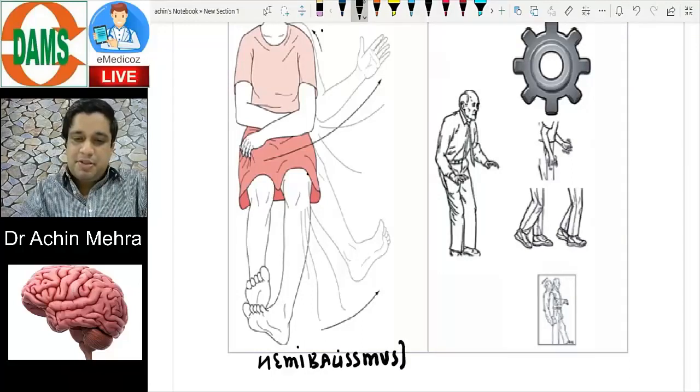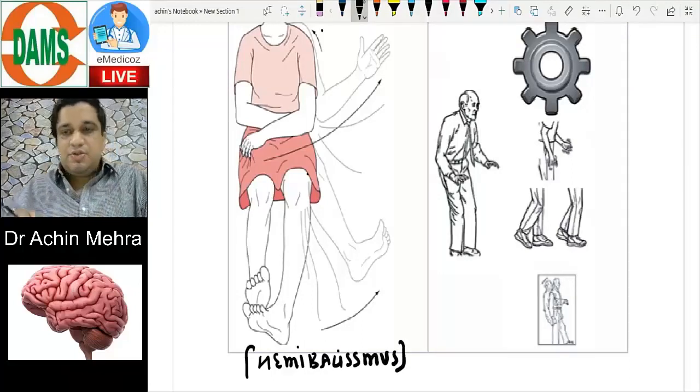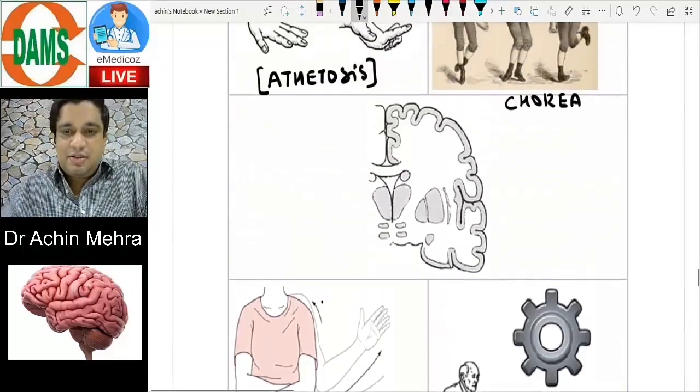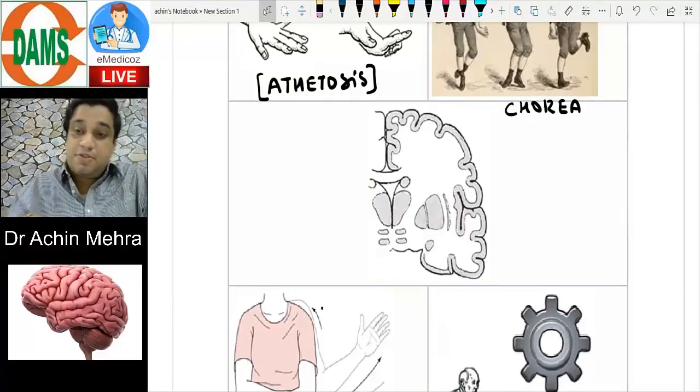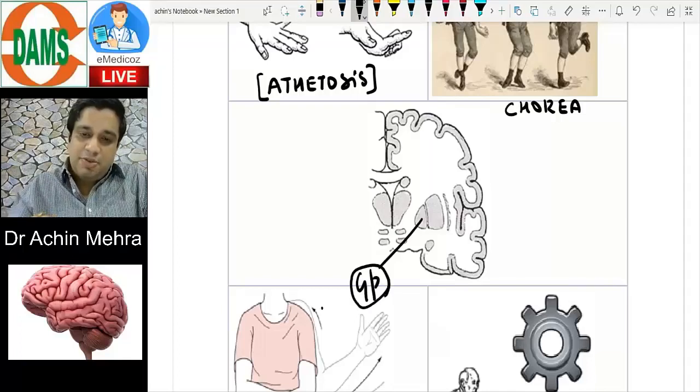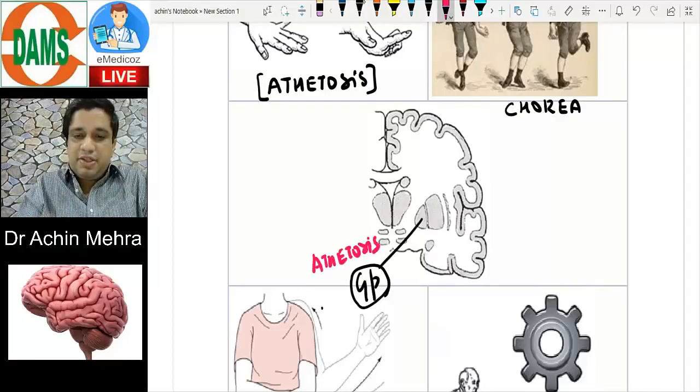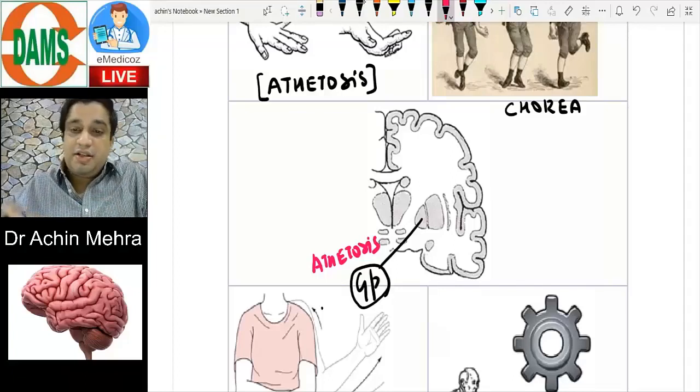The hemiballismus, right? So what is the connection here? As you can see, this is a coronal view of the basal ganglia. If you remember, athetosis occurred due to a lesion where? Globus pallidus. So you can locate the globus pallidus over here, and whenever there is a lesion in the globus pallidus, we get a movement disorder, that is athetosis. While chorea occurs due to a lesion somewhere in the caudate nucleus.